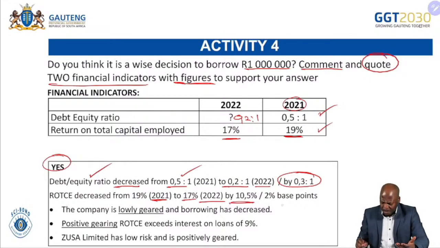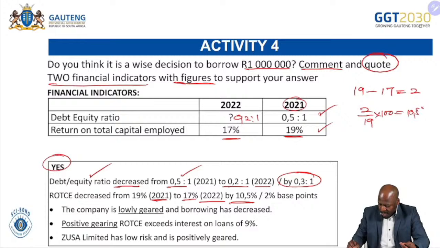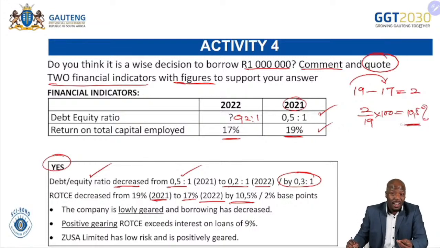You may be asking, Mr. Simbi, where are you getting this 10.5%? You would say 19 minus 17 gives you 2. 2 divided by 19, okay, you multiply by 100, it gives you your 10.5%. So the decrease from 19 to 17 is a 10.5% decrease. You need to explain it in that way.